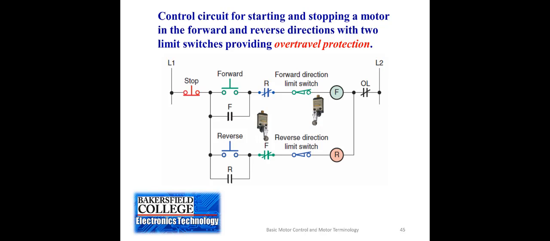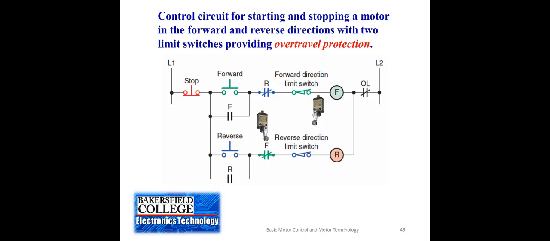Now, this particular circuit has 3-wire control, but it has a forward and a reverse button, and it has a forward contactor, which is wired to make the motor move in the forward direction. Maybe that would be clockwise.